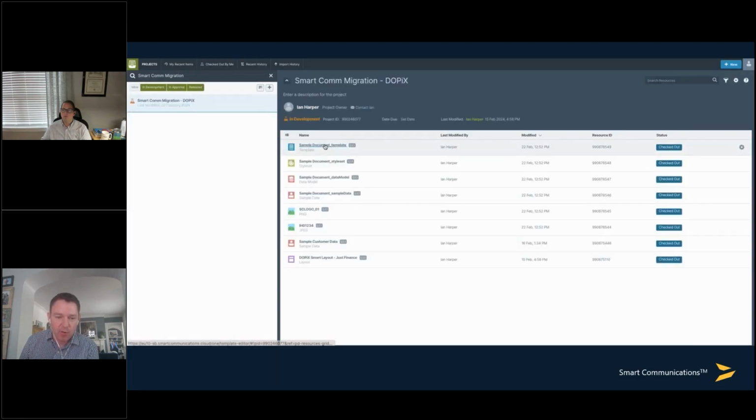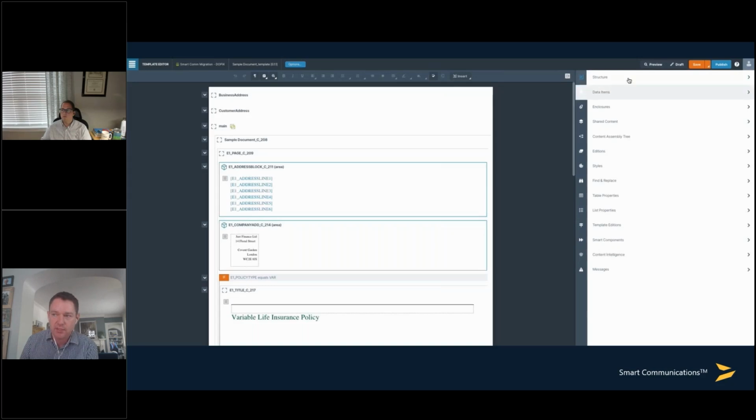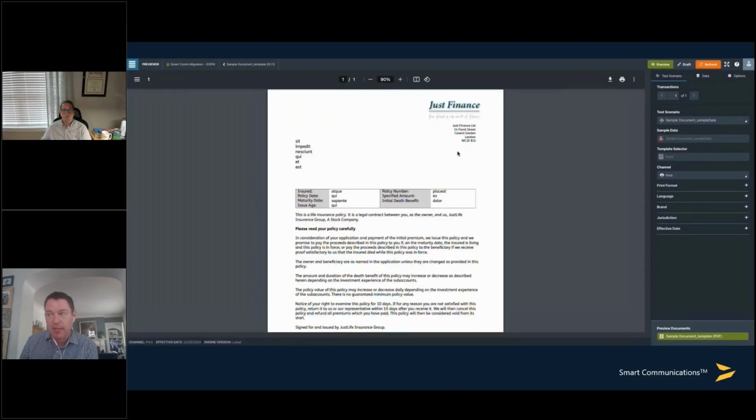We've hit the import button, it's run its job, and it has completed the automated creation of the template and the associated resources. We saw that from the project dashboard. And here is a very quick way that we are looking to render a preview of that template along with some sample data.